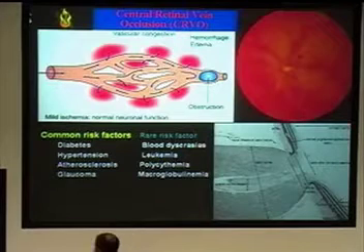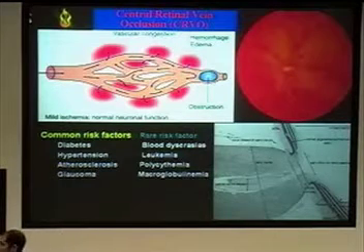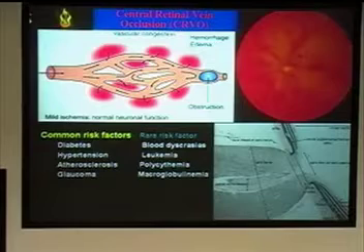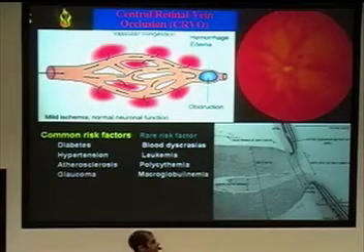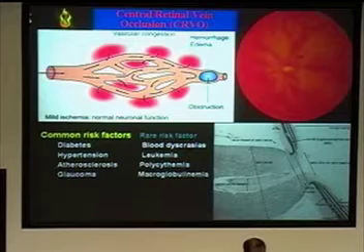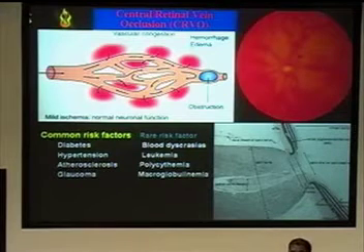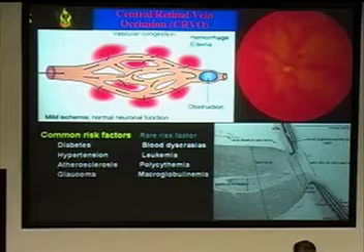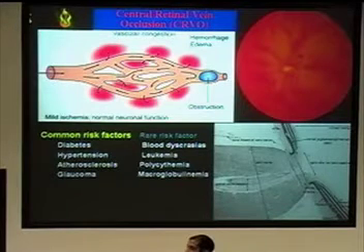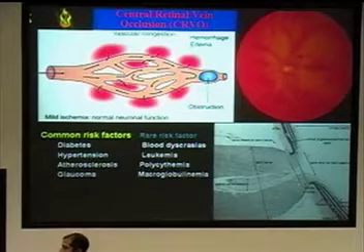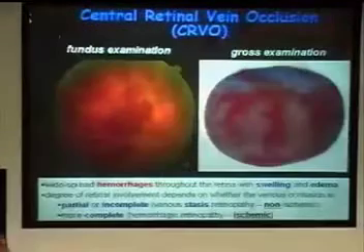So you have engorged blood vessels. Why? Because your veins beyond your capillaries are obstructed. What's interesting about this, however, is that as bad as it may look, the blindness is not permanent. Meaning that you take care of the occlusion, you take care of the blindness. Looks worse, but not necessarily.